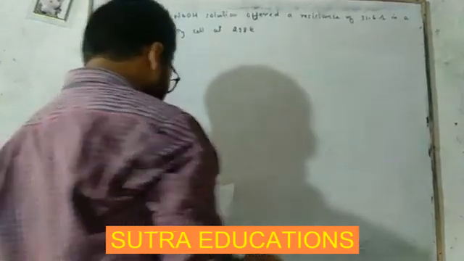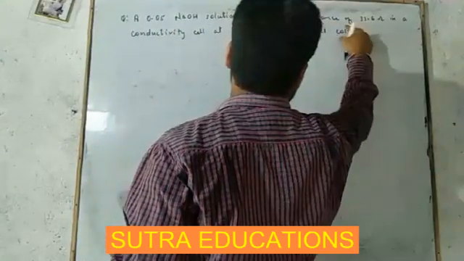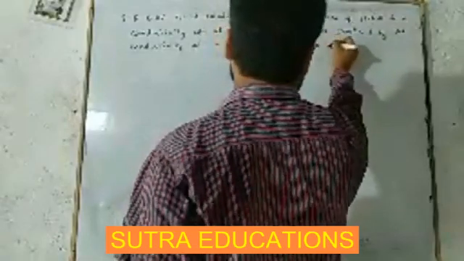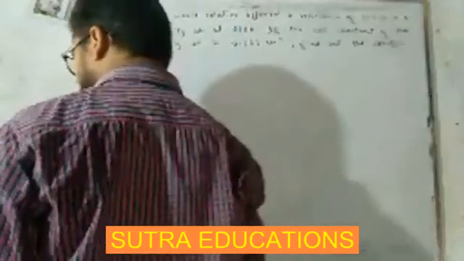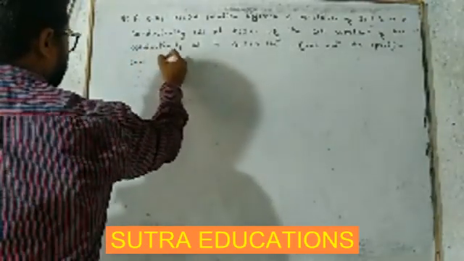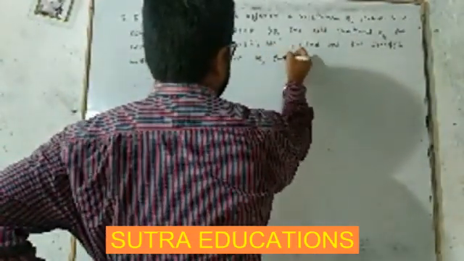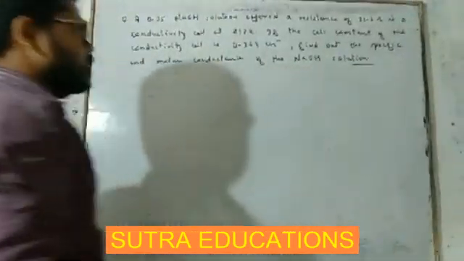If the cell constant of the conductivity cell is given, find out the specific and molar conductance of the NaOH solution.